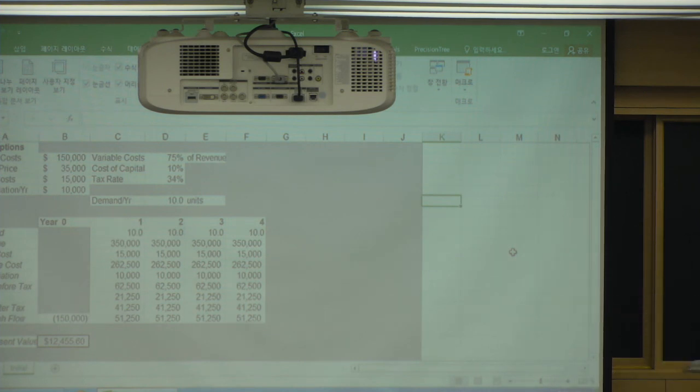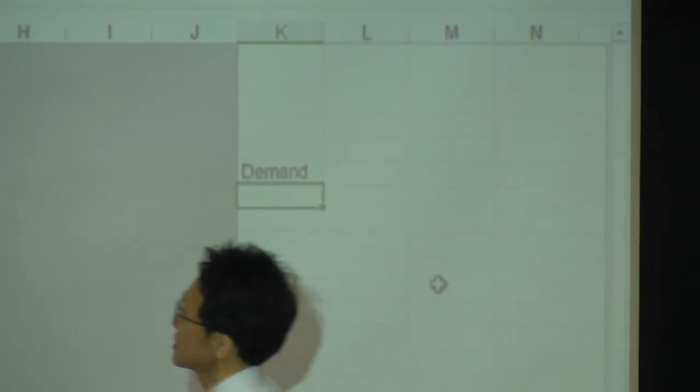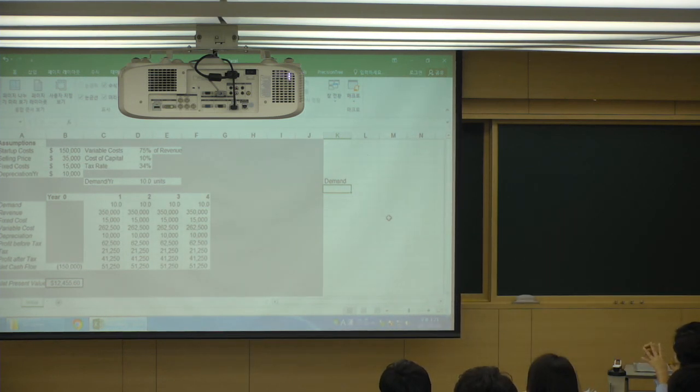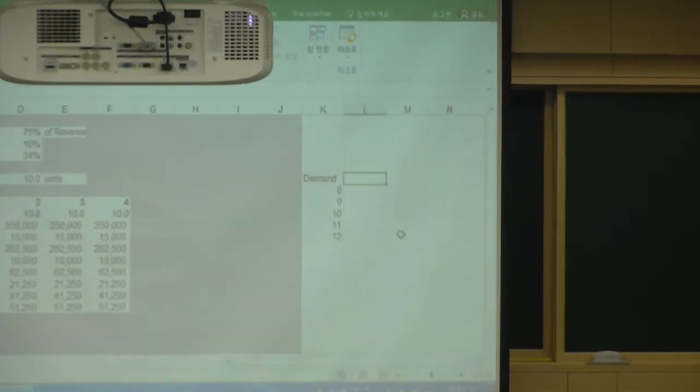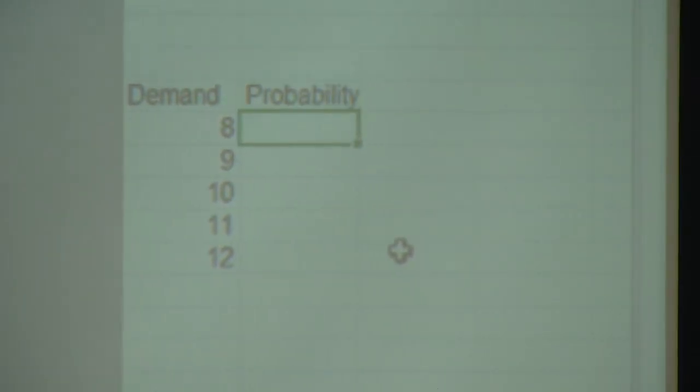So let's say suppose that I have a big concern about this demand. So let's say I did some more study and I looked at the historical data related with this kind of aircraft, and I try to figure out the demand distribution. And it turns out that I can have some probability distributions.